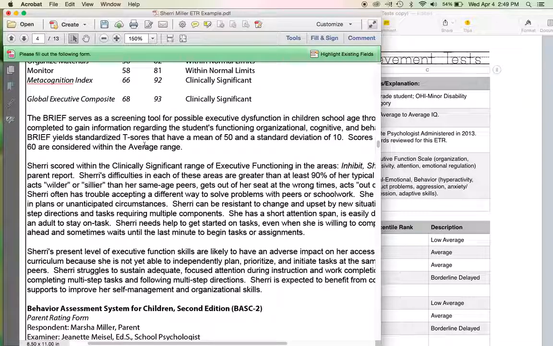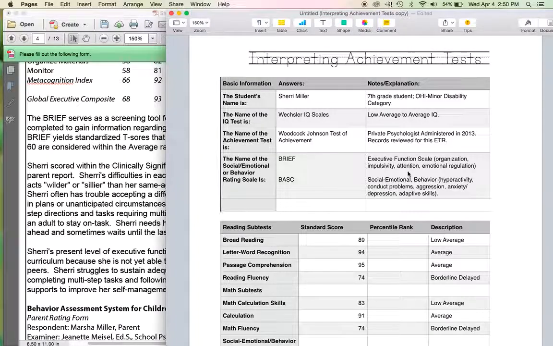So if you're ever confused about what it's measuring, definitely read that first paragraph. The second paragraph will review the skills the child has and how they scored on that assessment. And the last paragraph will usually discuss the implications for those scores on the child's performance in the classroom or their need for intervention. So definitely keep that in mind as you work through this table.